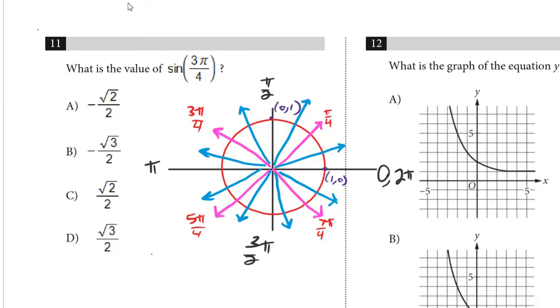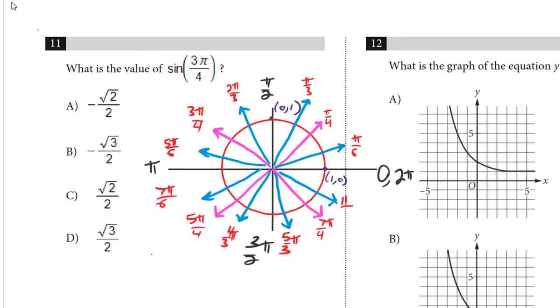So we have 1 pi over 6, 2 pi over 6, which would simplify to pi over 3, 3 pi over 6, which simplifies to pi over 2, 4 pi over 6, which simplifies to 2 pi over 3, 5 pi over 6, 6 pi over 6 simplifies to 1 pi. 7 pi over 6. 8 pi over 6, which is the same as 4 over 3 pi. 9 pi over 6 simplifies to 3 over 2 pi. 10 pi over 6 simplifies to 5 over 3 pi.